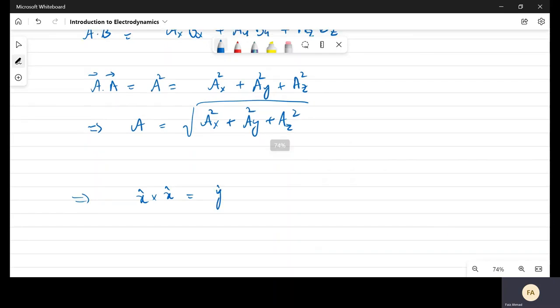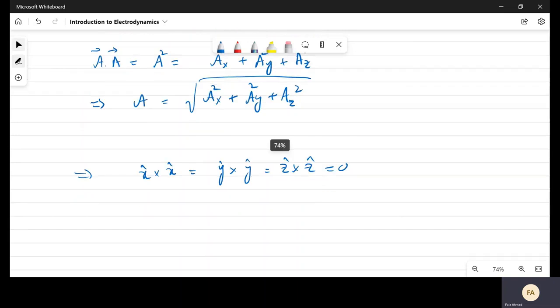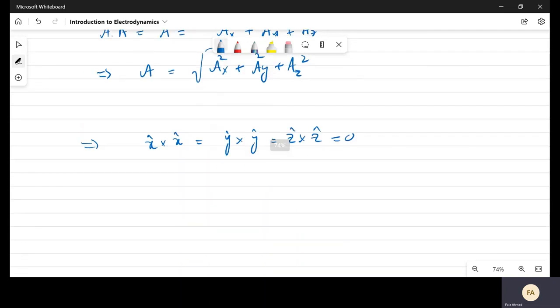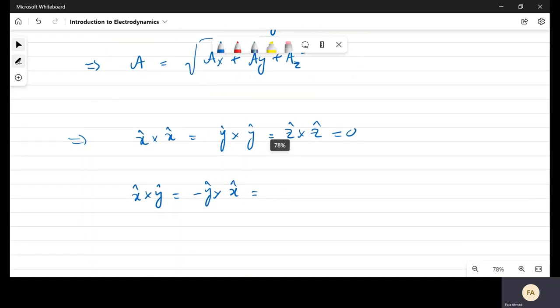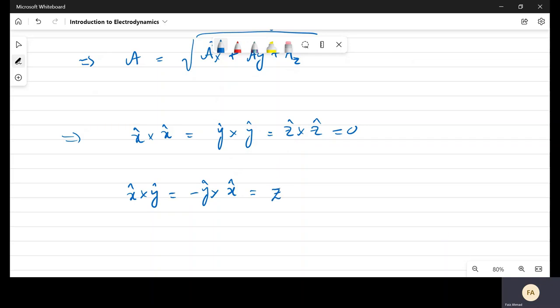So z cross z is equal to 0, and x cross y is equal to z unit vector.